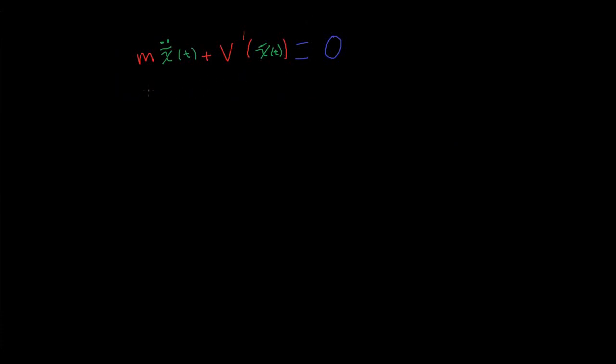Now, another way we might write this is as m, and then what's x bar dot dot? Well, x bar dot dot, I can just write as a. It's just the acceleration, because it's the second time derivative of our position. So that's ma. And you probably see where this is going. Let's take this term to the other side.